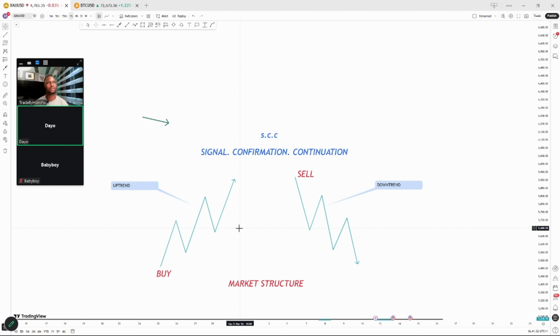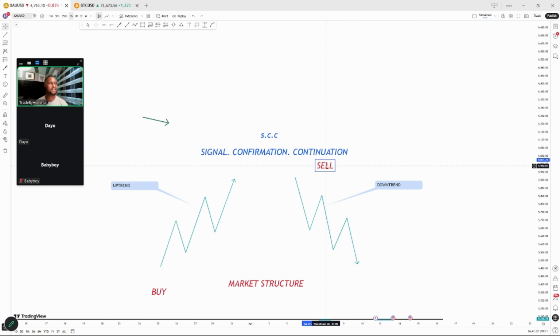All right. So, first thing first, what we want to do is identify the signal, where the signal is in this uptrend market. So now, what I will tell you is, you want to approach this uptrend market as a battle between buyers and sellers.